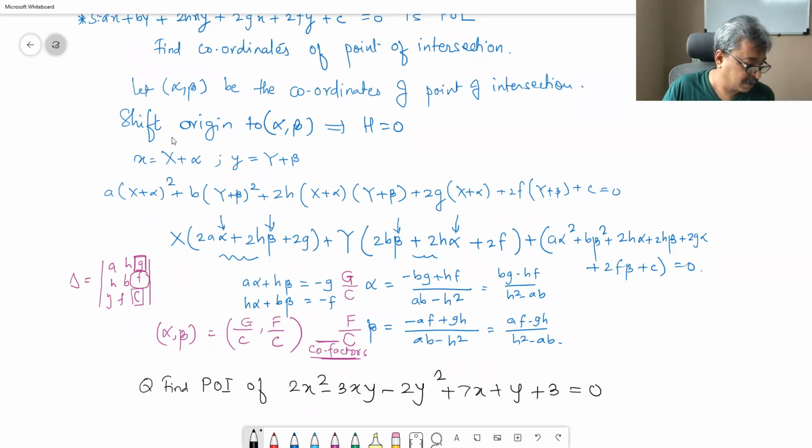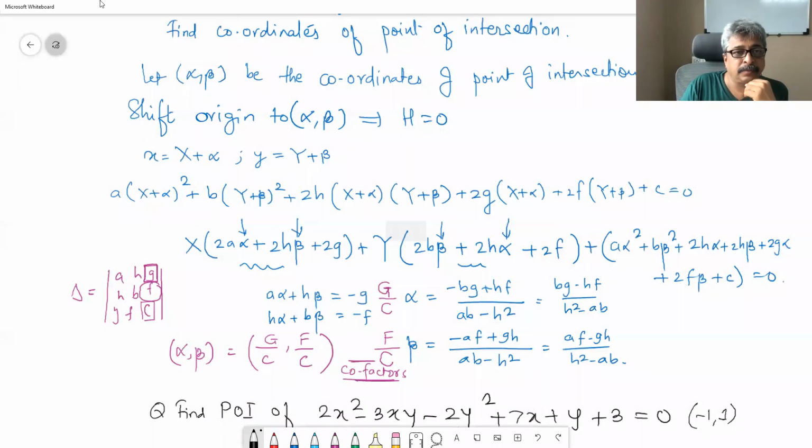Find the point of intersection. So the answer here is minus 1 comma 1. Okay.